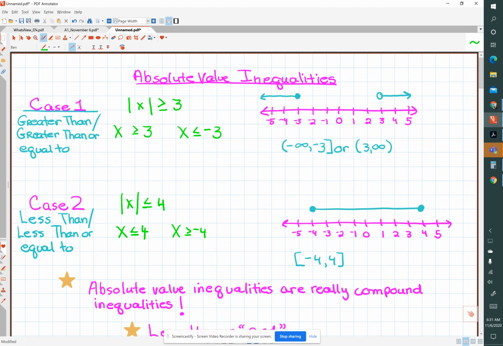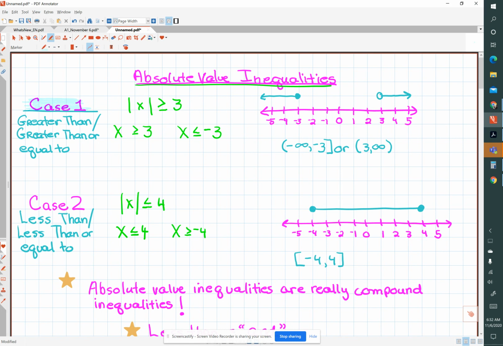So we have these absolute value inequalities, and they come in two cases. My highlighter ready. So case one are the greater than or equal to type.